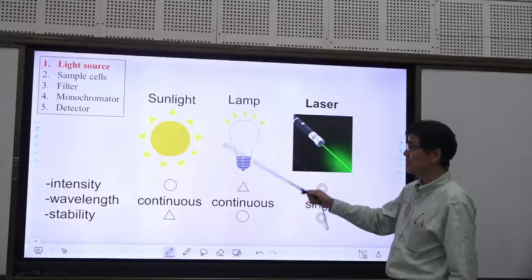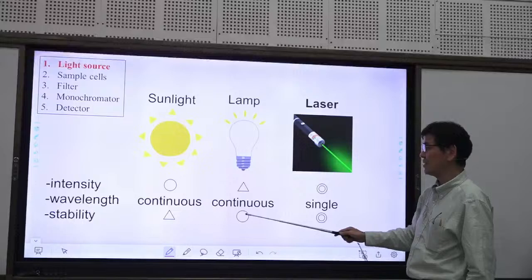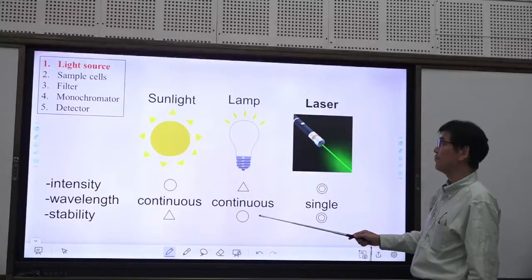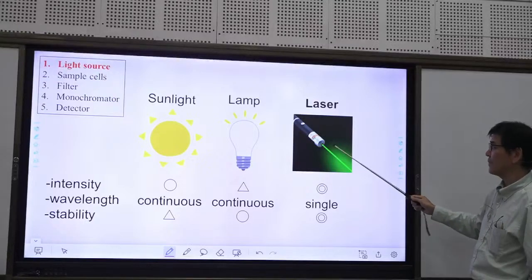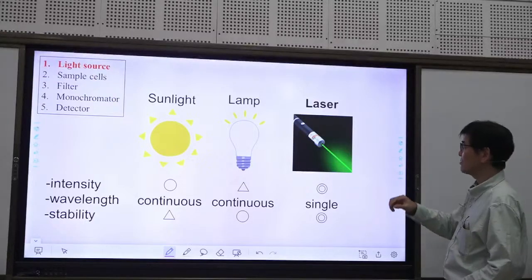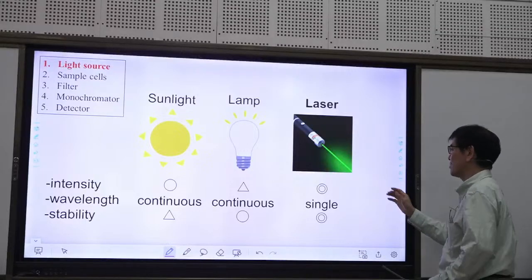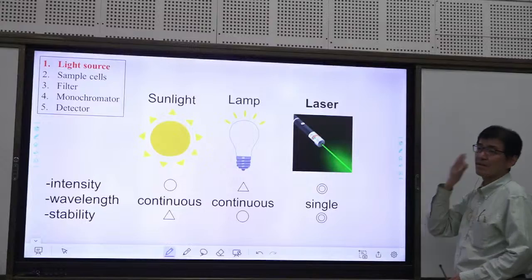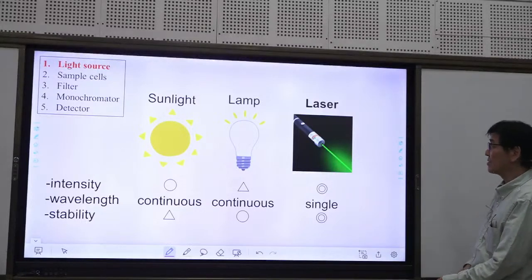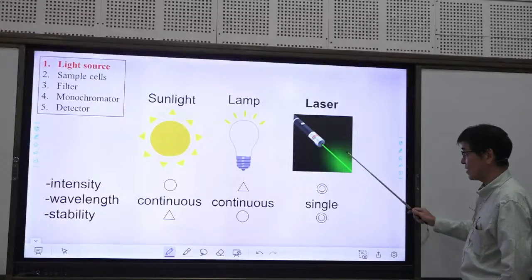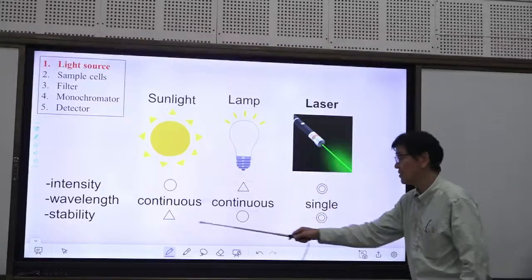Lamp intensity is moderate, wavelength is continuous, stability is good. And laser intensity is very high. We are always watching the laser from the side. If we watch from this direction, our naked eye will be damaged and does not recover. Very strong light. Wavelength is single. Stability is very nice.